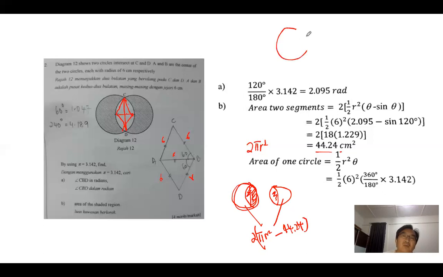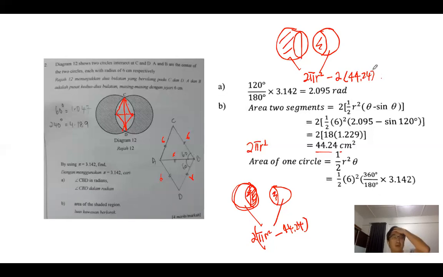There are 2 segments, so you get this area. Right, so one circle minus a segment. Then the other circle also, you also minus the segment here. Okay, therefore it is 2 pi r square, you minus 2 segments here, 2 areas, 44.24 centimeter square. Okay, hopefully you understand how to solve this.